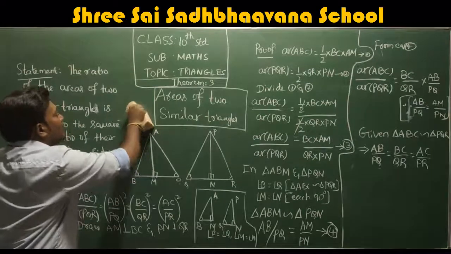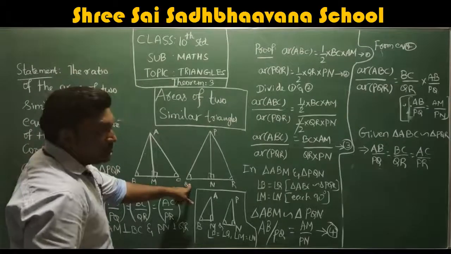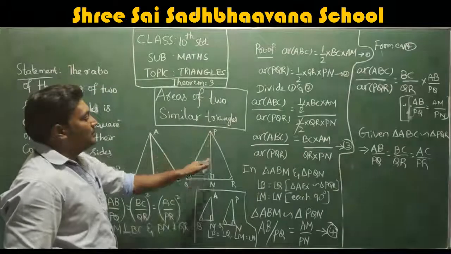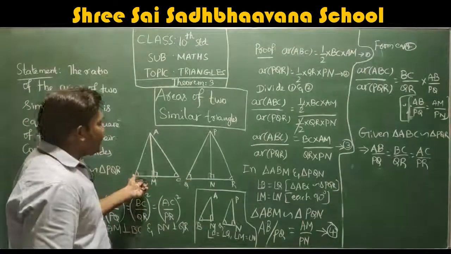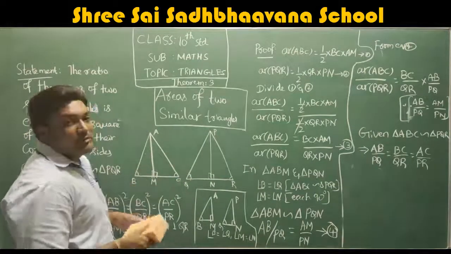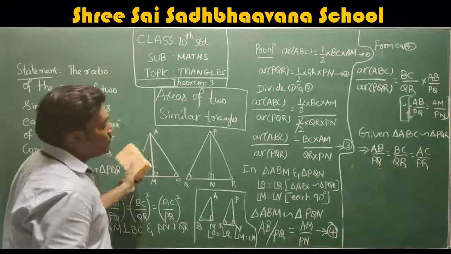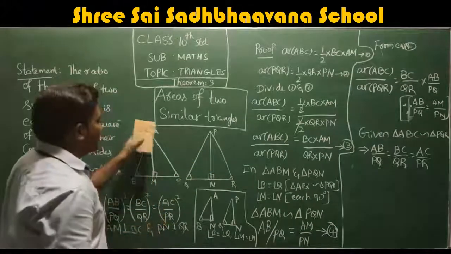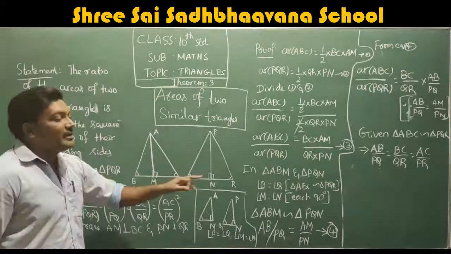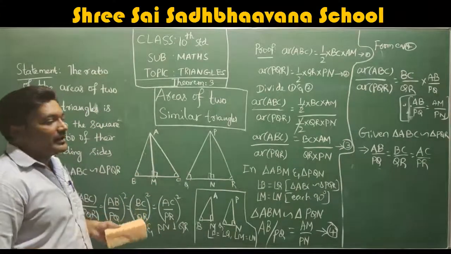That's all. So obviously these two angles are equal because before only we know that triangle ABC and triangle PQR are similar. Similar means obviously corresponding angles should be equal. So angle B and angle Q are equal because these two triangles are similar, meaning the whole triangles are similar. And angle M and angle N are equal because each angle will make 90 degrees.